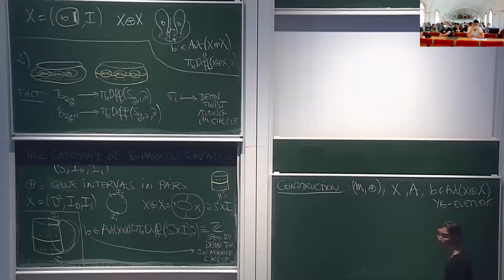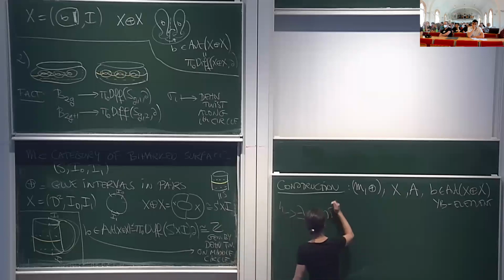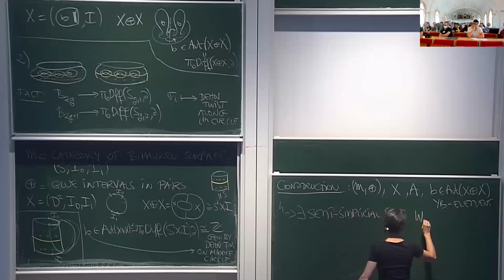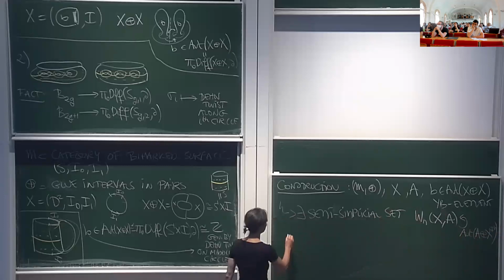Then from this data, you can construct a semi-simplicial set, for every n, that comes with an action of the group of automorphisms of A plus X plus n. And it's just defined like this.